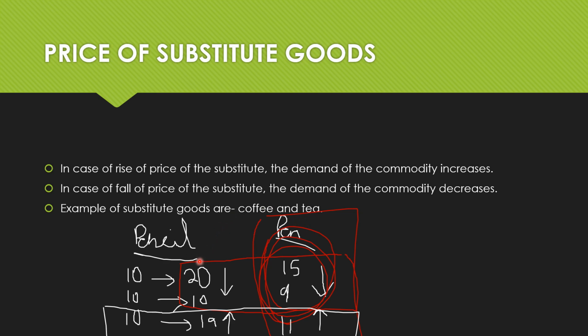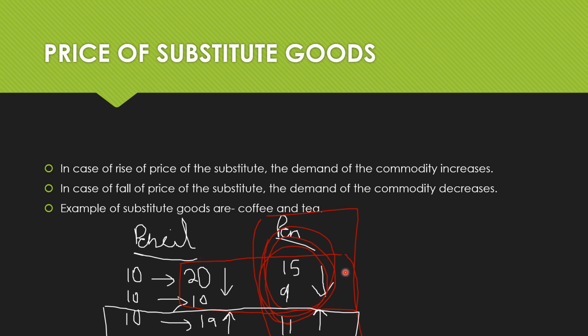In substitution effect, we discussed how the relative price of pencil impacted the demand of pencil. And in the price of substitute goods, in this slide, what we understood is how the price of pen is impacting the demand for pencil.